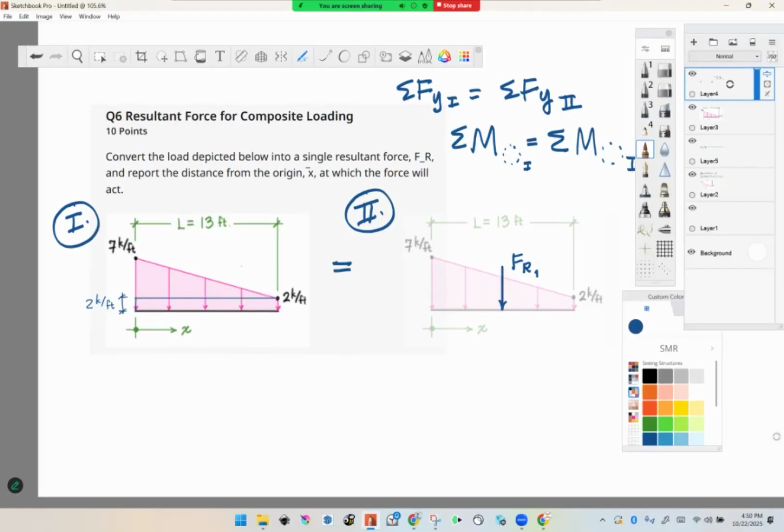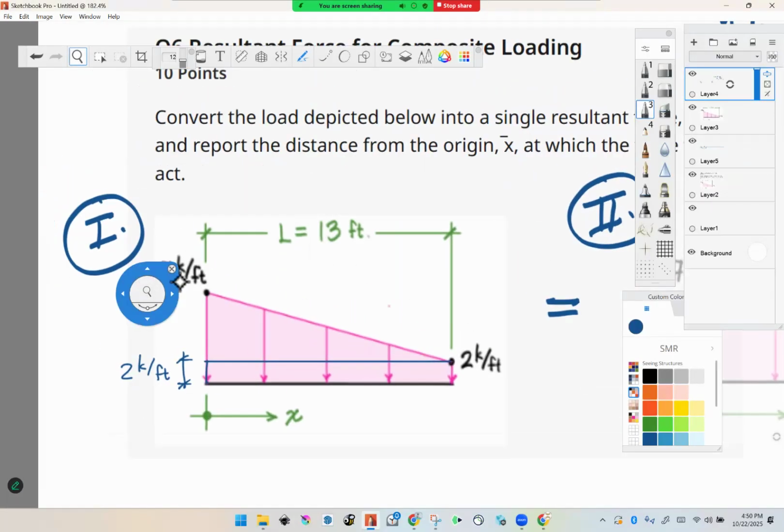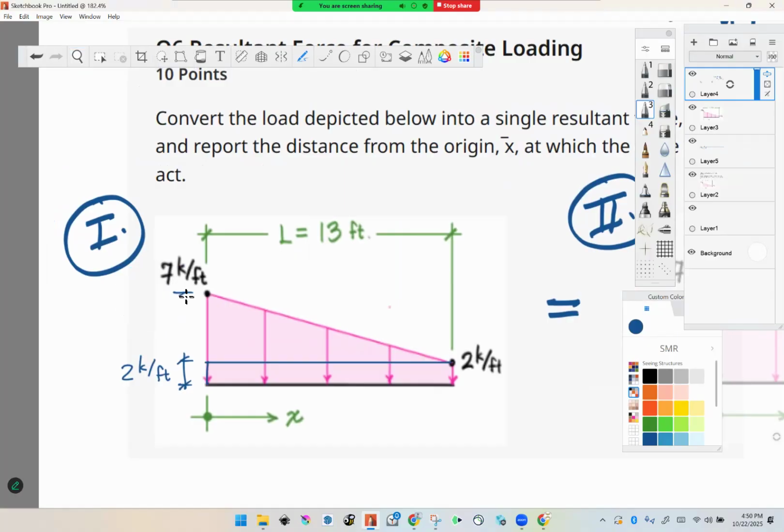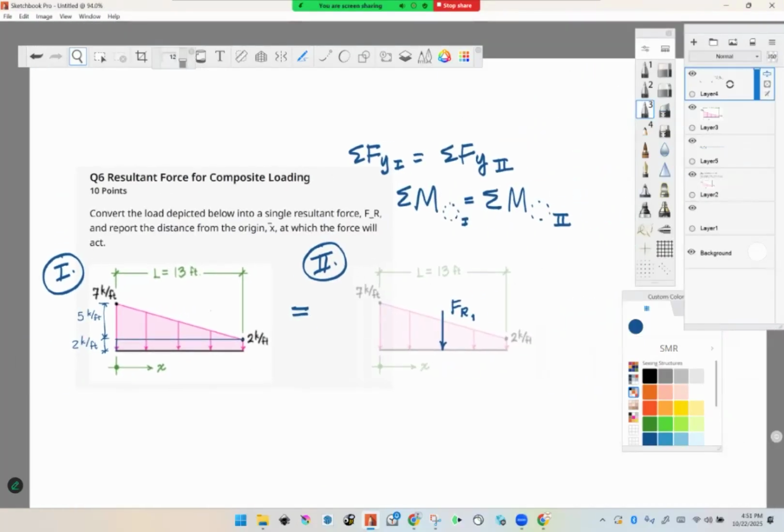And then the remaining piece of the load is a triangle, and the triangle is going to have a height of 7 minus 2 equals 5 kips per foot, and a base of 13 feet. When I integrate that load, I'm going to place it at the third point of the triangle. So I'm going to have another force here, F sub R sub 2.